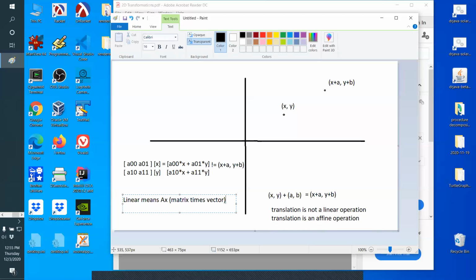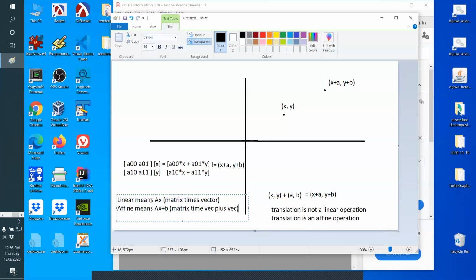Affine means, here's what it actually means: matrix times vector plus vector. It's like mx plus b. That's what affine means.